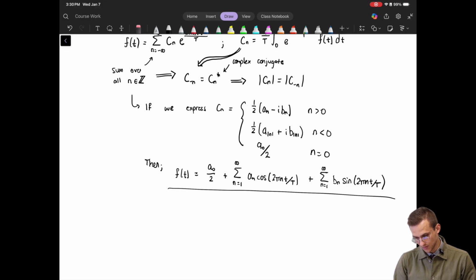So really what we're doing is finding a representation of the periodic extension of f of t from 0 to capital T. I'll make that more clear as we move on through the lecture, what I mean by periodic extension and things like that, okay?